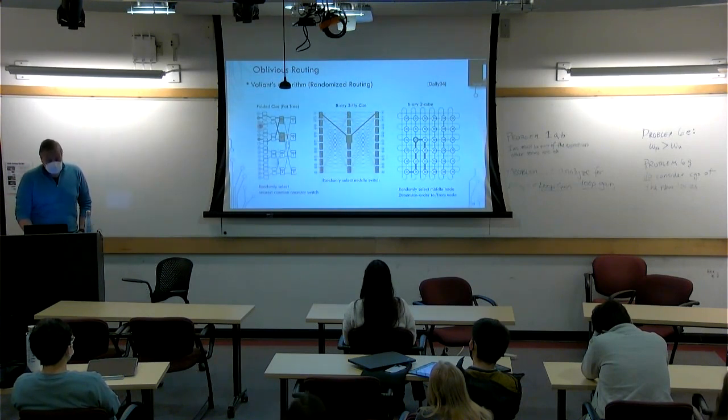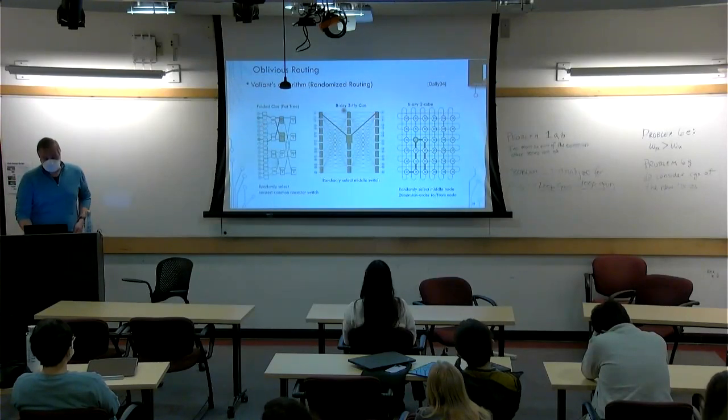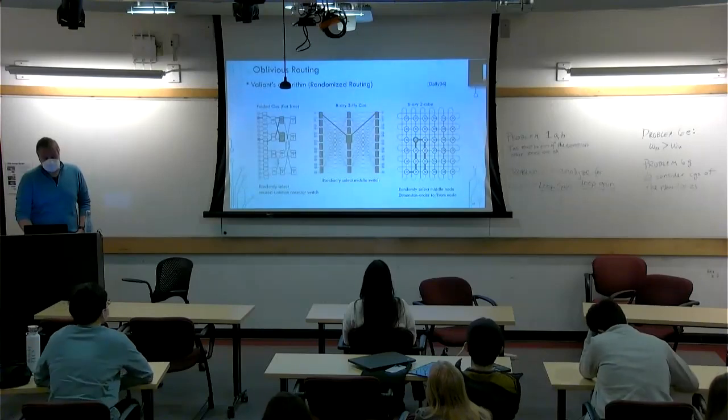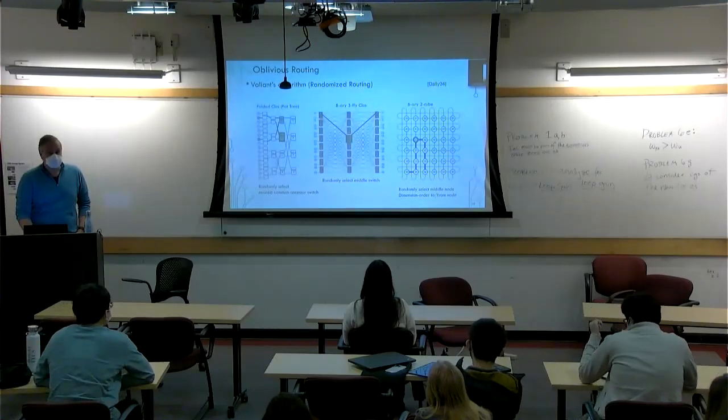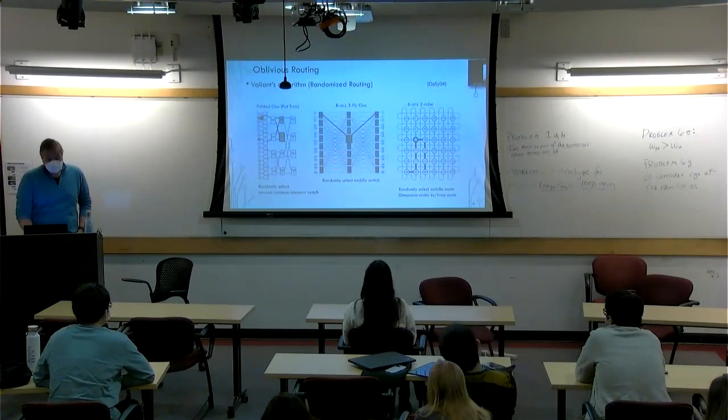A folded clos is also called a fat tree. It's a more implementation friendly topology, because as I mentioned already, you're just taking this side and folding it back here, since they're all accessing the same nodes. So here, you actually don't have to go as deep. You can come back earlier.